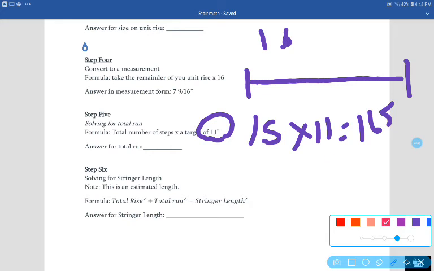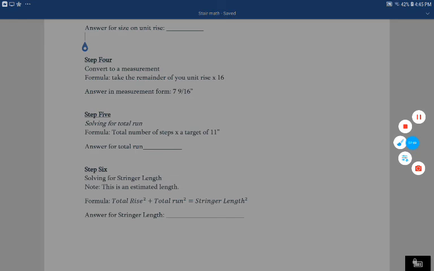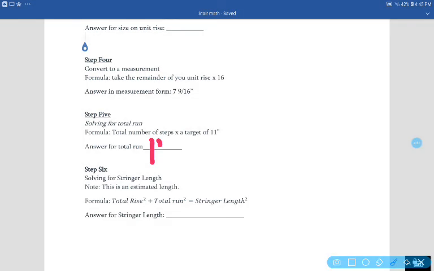So if you need to adjust this here, then this will adjust with it, so that it's corresponding. All right. So the total run is going to be 165. All right, the last thing we got to do is figure out the stringer length.